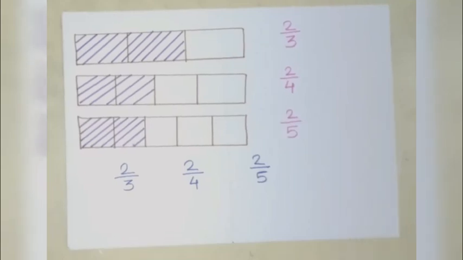So children, in such cases, the smaller number is greater and the greater number is smaller.